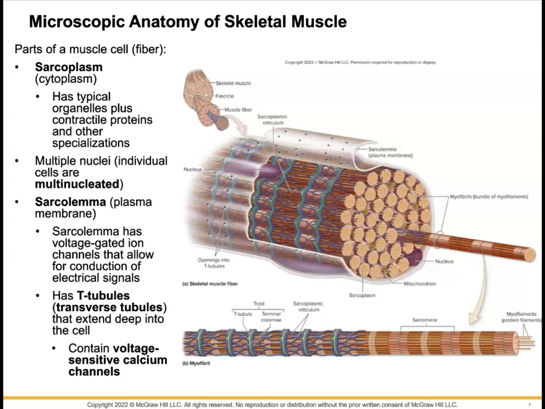Now that sarcolemma, again the muscle cell membrane, has structures called transverse tubules that are extensions of the sarcolemma that extend deep down into the cell. If you look at this image, right here we've pulled a bit of the cell membrane back so that you can see inside the cell.